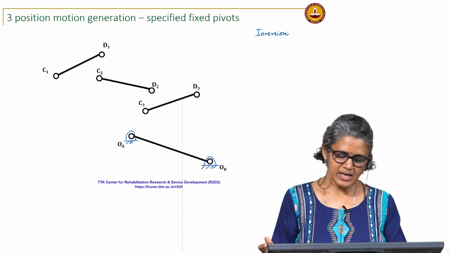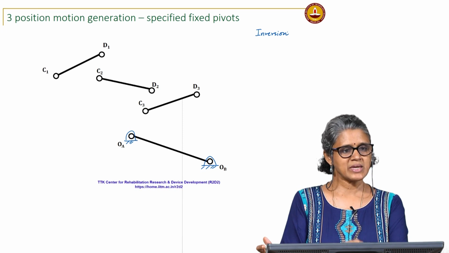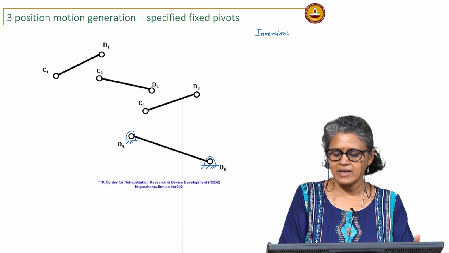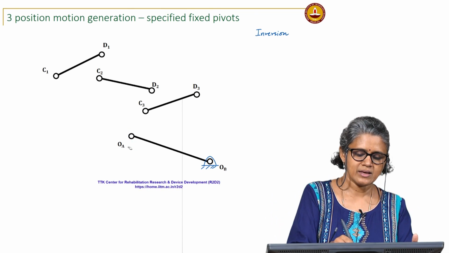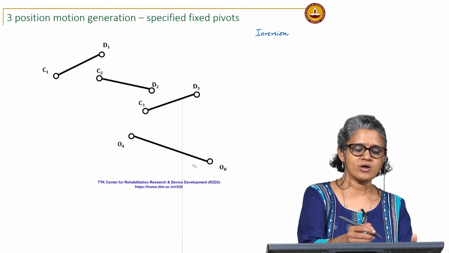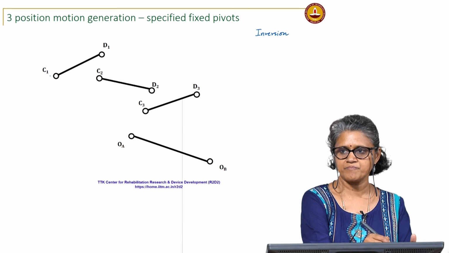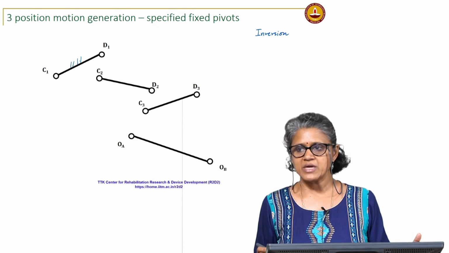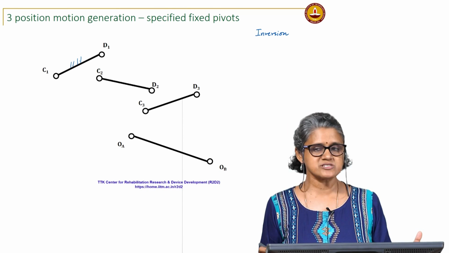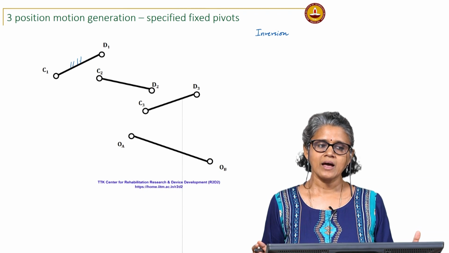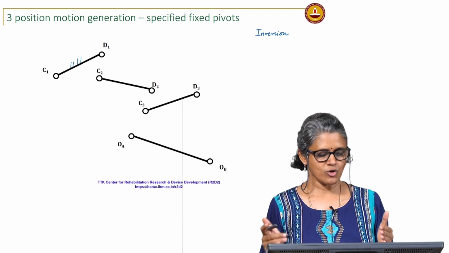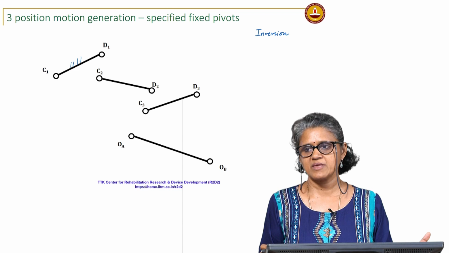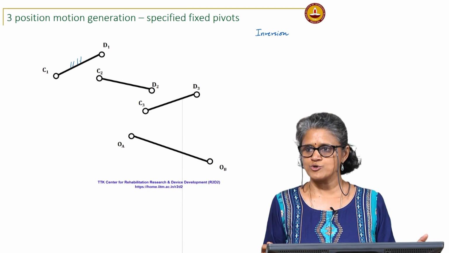In this case, instead of my being on OA OB, my fixed frame of reference, let me sit on CD at the first position. So, the coupler is not moving. I am sitting there, that is my reference point, and I am going to look at how this OA OB is going to move relative to me.